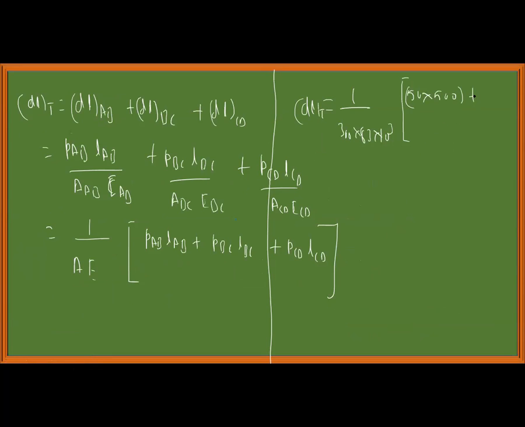I'll write it here directly: minus 30 into 1400, minus 10 into 1000.